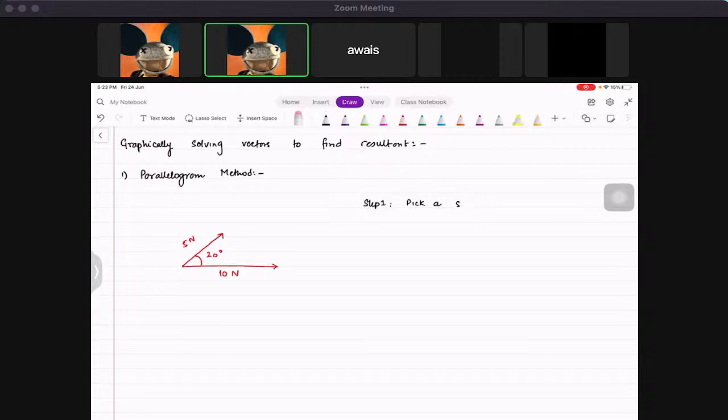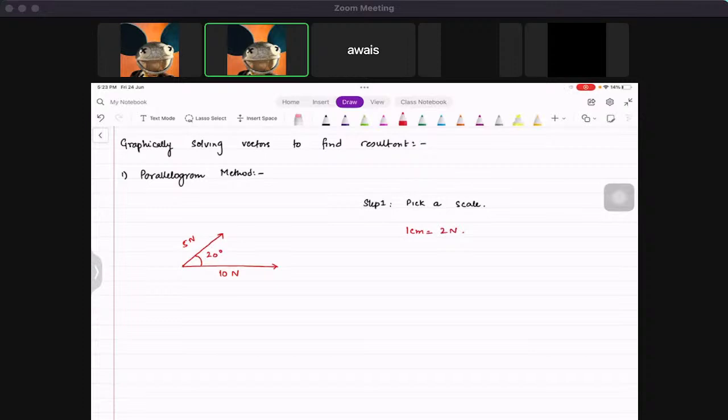Generally you have to pick the scale, but if it's given you have to follow that. What scale means is that on my ruler I could keep 1 newton equals 2 centimeters. In fact this will be too big. Let's keep 1 centimeter equals 2 newtons. Okay, that would make it smaller.